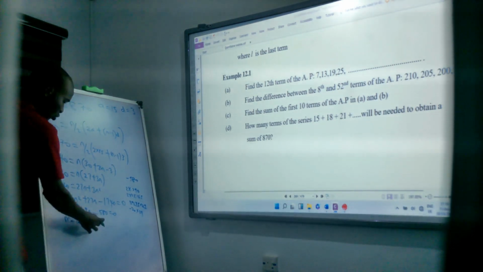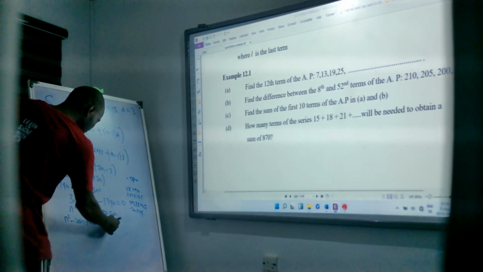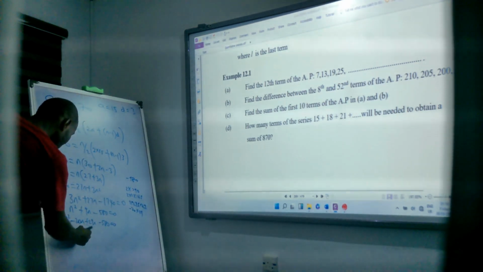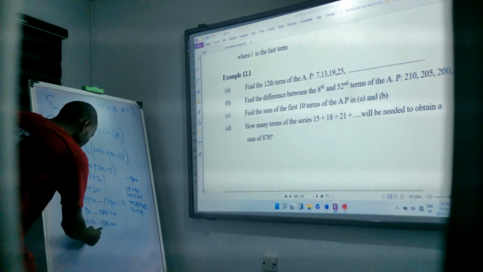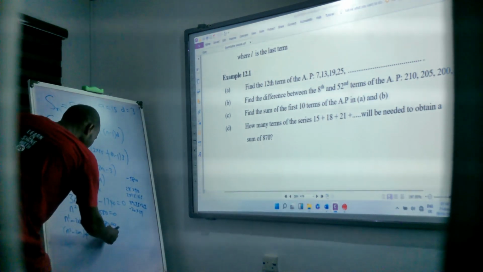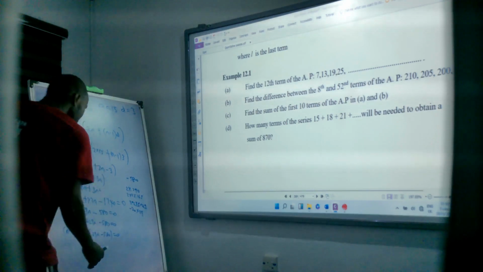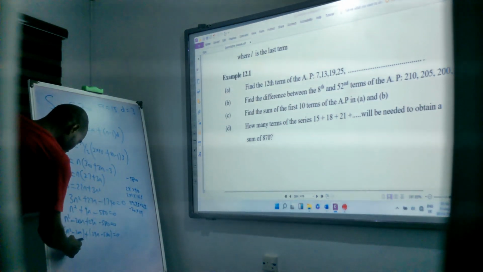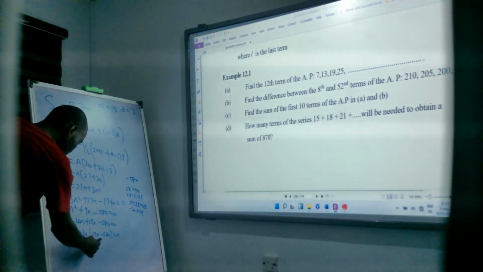So we say n squared minus 20n plus 29n minus 580 equal to 0. So we pair: n squared minus 20n in brackets, plus 29n minus 580 equal to 0.